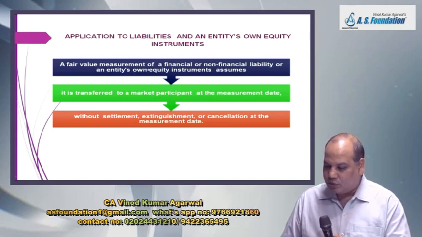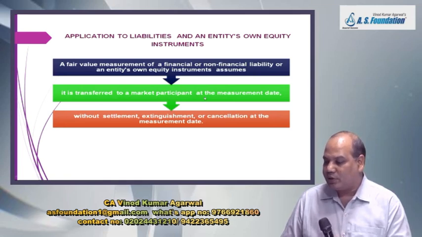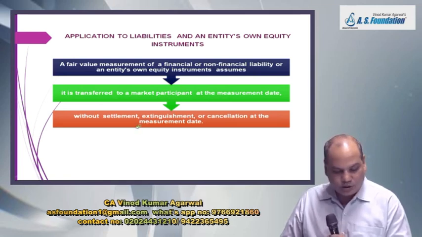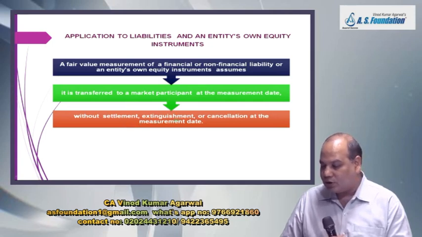A fair value measurement of a financial or a non-financial liability or an entity's own equity instrument assumes it is transferred to a market participant at the measurement date. Underline, and important, underline: without settlement, extinguishment or cancellation at the measurement date.